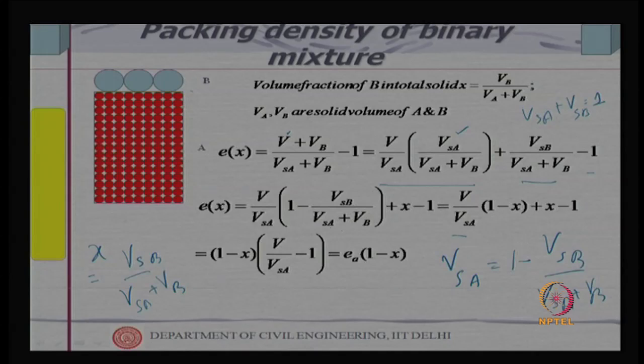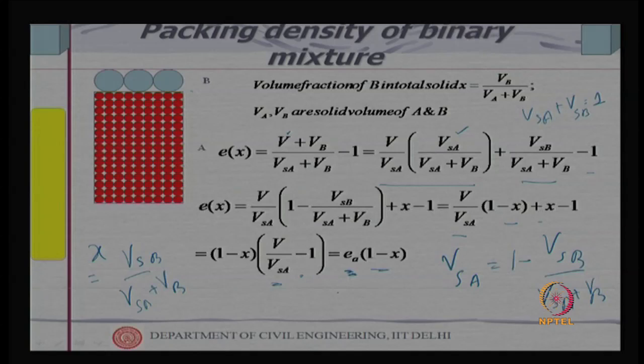So, I can write V by V_SA (1 minus x) plus x minus 1, and I can take common 1 minus x. If I take 1 minus x common, I will get V by V_SA minus 1. So, this is by definition E_A, the void ratio of A alone.